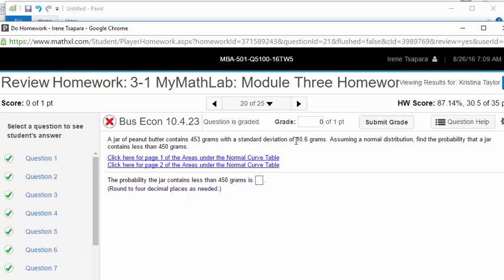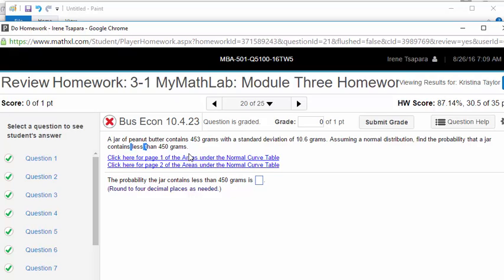The standard deviation is 10.6 grams. You want to find the probability that the jar contains less than 450. Less means less, smaller than whatever number you will calculate.